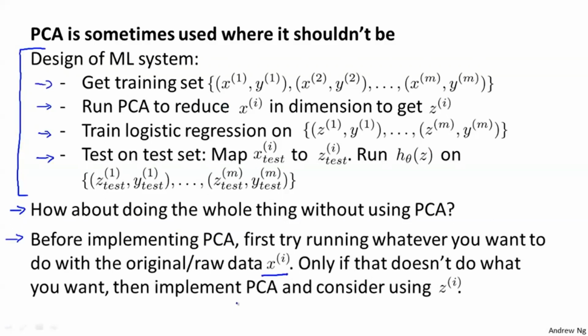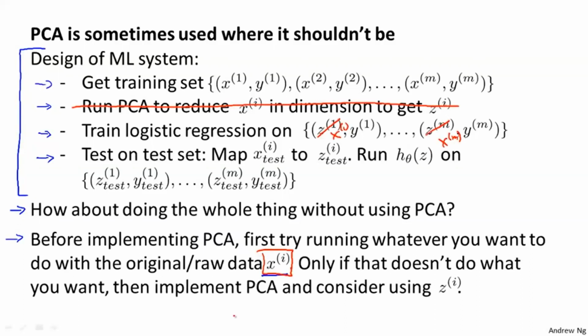So before using PCA, instead of reducing the dimension of the data, I would consider, let's ditch this PCA step, and let's just train my learning algorithm on my original data. Let's just use my original raw input xi. And I would recommend, instead of putting PCA into the algorithm, just try doing whatever it is you're doing with the xi first.